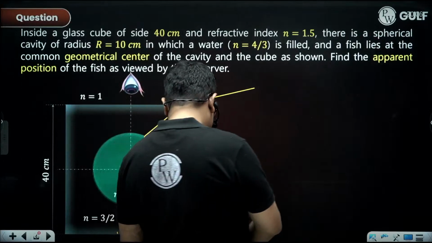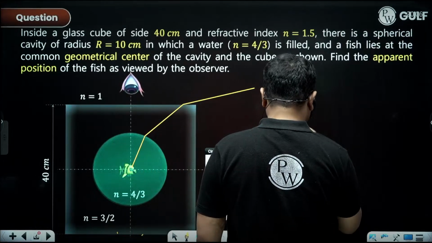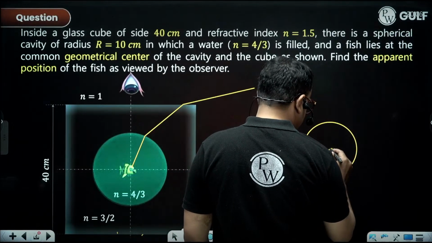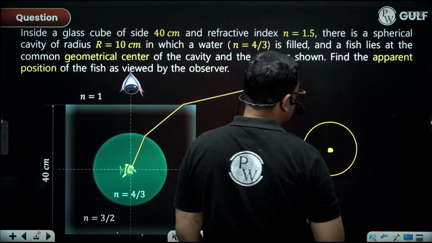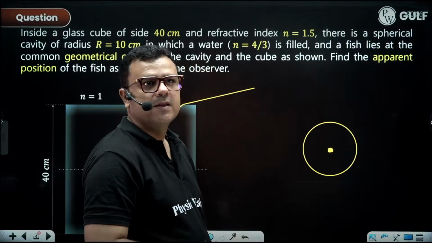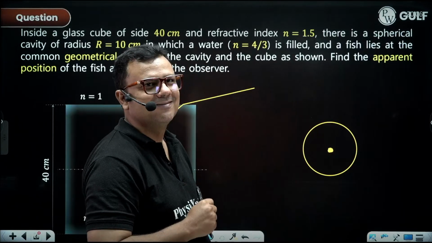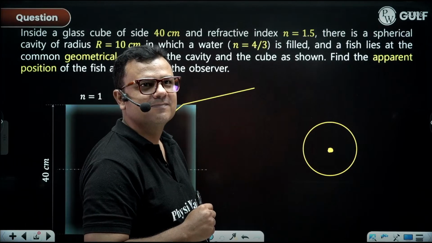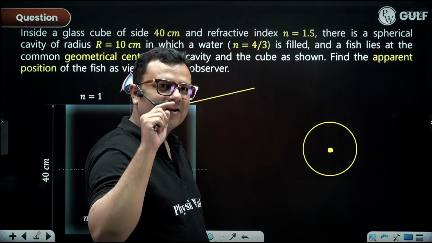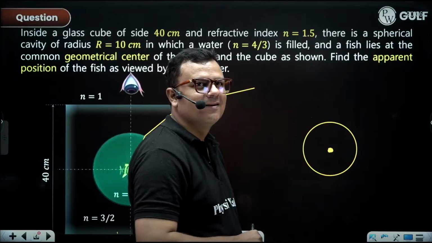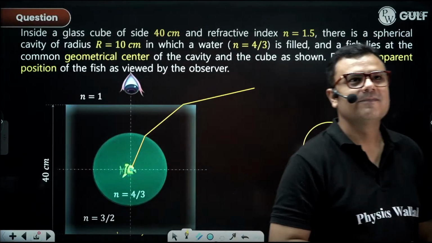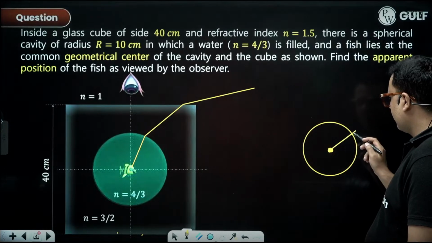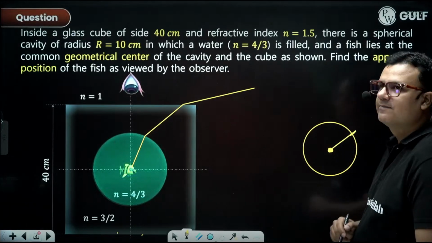Okay. Now please pay attention on this one. This is your center. When the ray enters into it, the normal is always perpendicular to the surface, and the ray is going to enter like this. Suppose the ray is coming out from this one, and this is also normal.